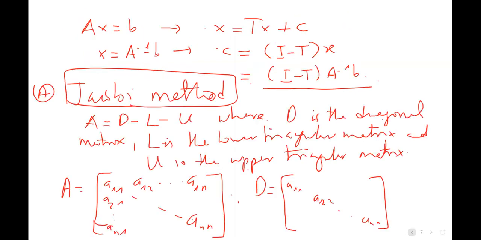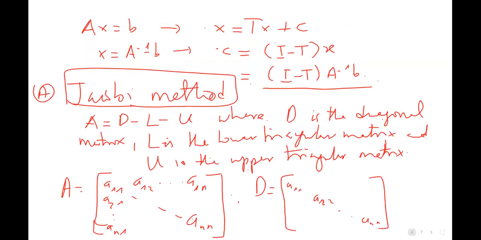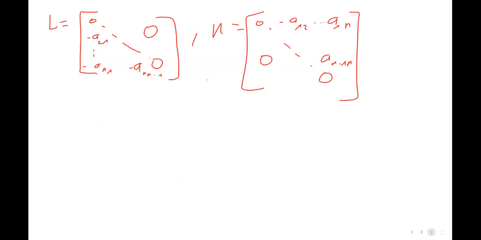So you can rewrite your matrix in the form D minus L minus U. When you do that, instead of Ax equals b, you can write (D minus L minus U)x equals b.